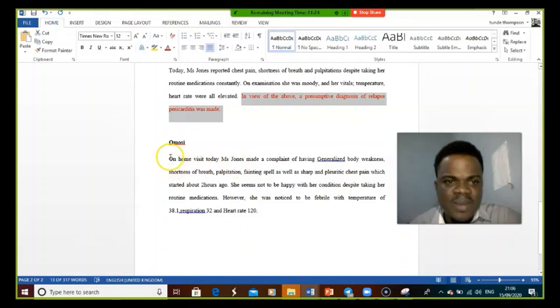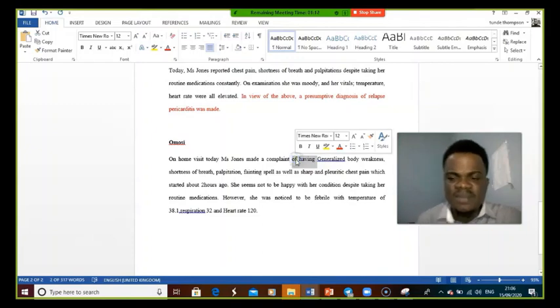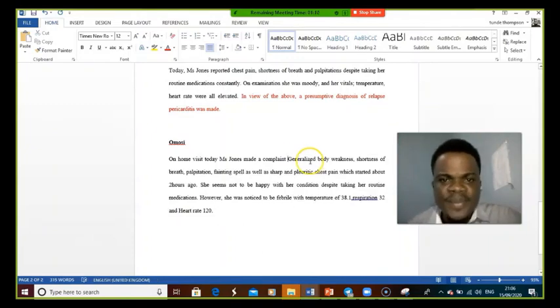Let's read Amos's own. "On home visit today, Miss Jones made a complaint of generalized body weakness."